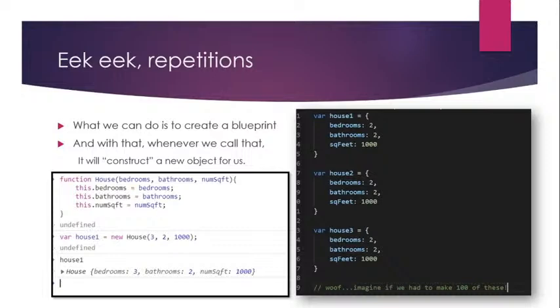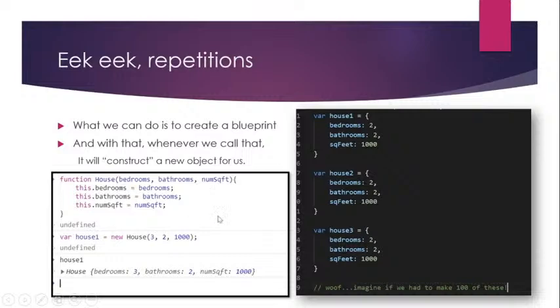Firstly, it would be repetition, duplicating it all along. Secondly, these objects can be implemented in a better way, which is much more efficient, time saving, and less repeated. Okay, so what we can do is create a blueprint that will create these objects for us every time we call it. And whenever we call it, it will construct a new object for us.